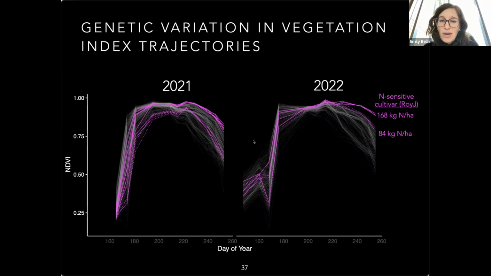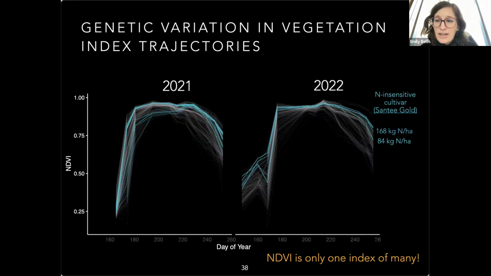So you can see quite a big difference in this nitrogen sensitive variety, especially in 2021. And then here is our nitrogen insensitive cultivar. For this one, we definitely can see some distinction in the vegetation indices that we don't see in the yield data, especially early in the season, and especially in 2021, not so much in 2022.